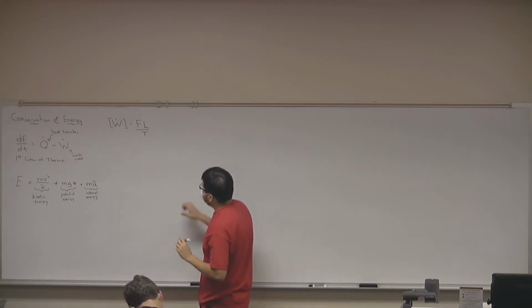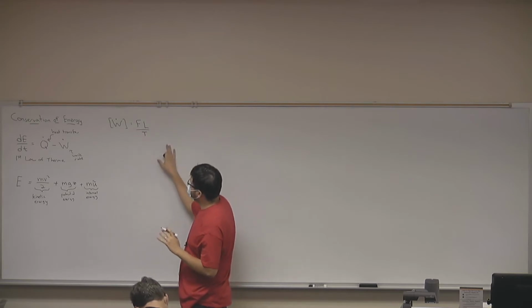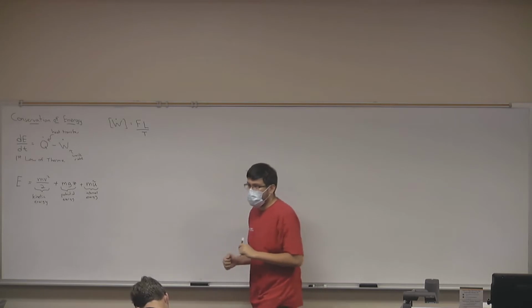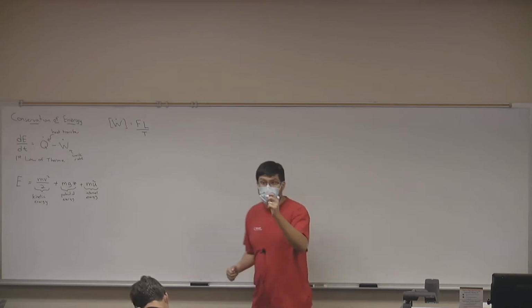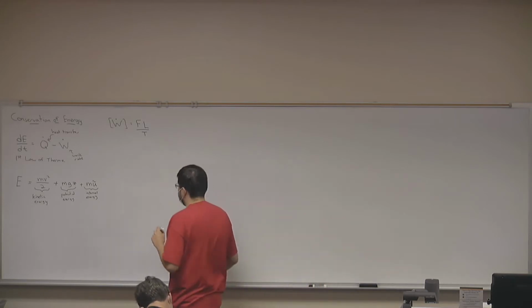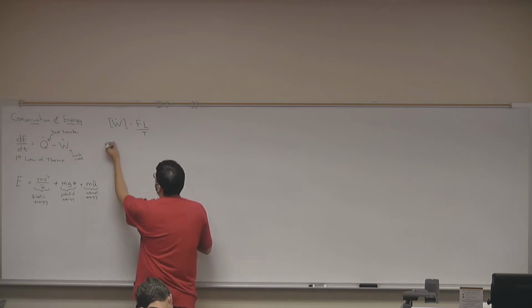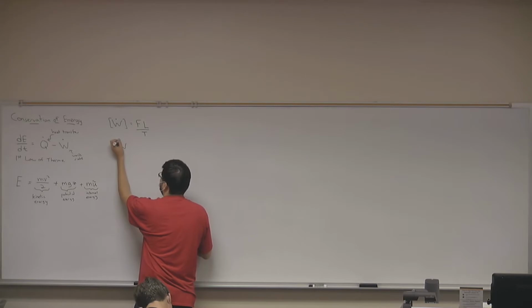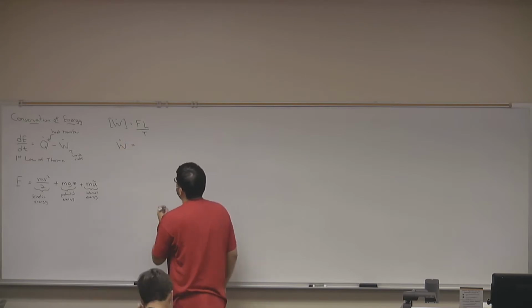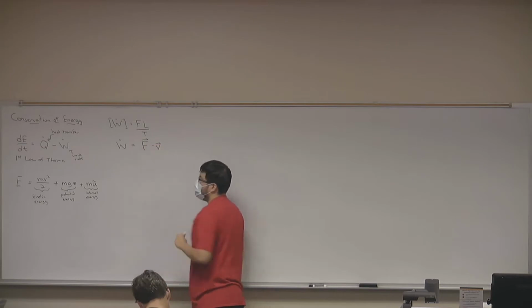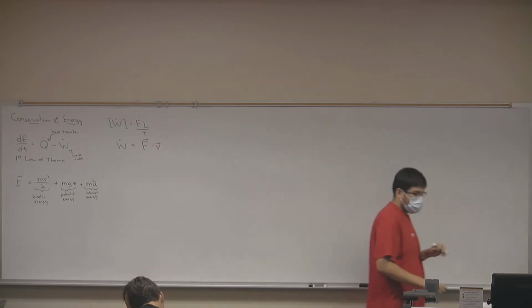But if you take the derivative of work with respect to time, you're taking your force times the length with respect to time. Is there any fluid property that you can come up with based on one or more of these dimensions? Velocity, right? We have length over time, velocity. So the reason I want to do this is because we can actually define work in fluid mechanics as the dot product of the force vector and the velocity vector.